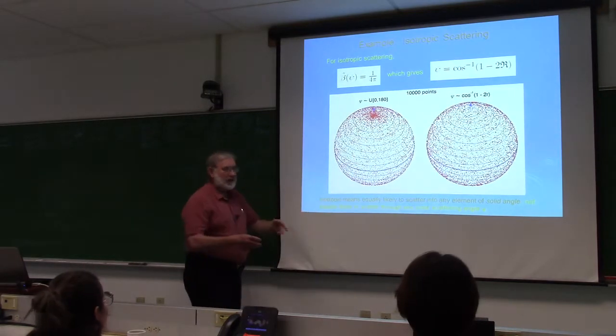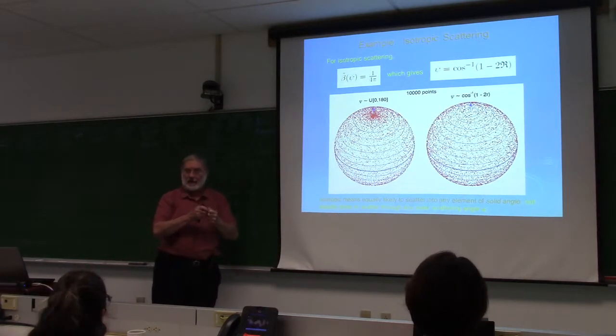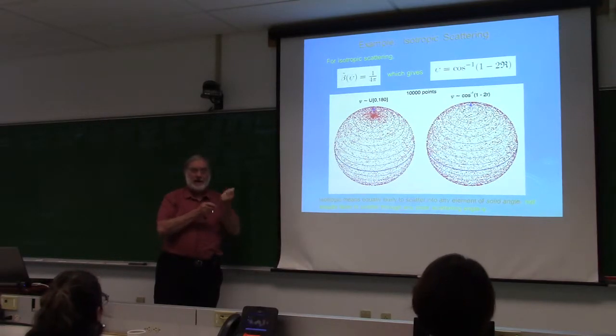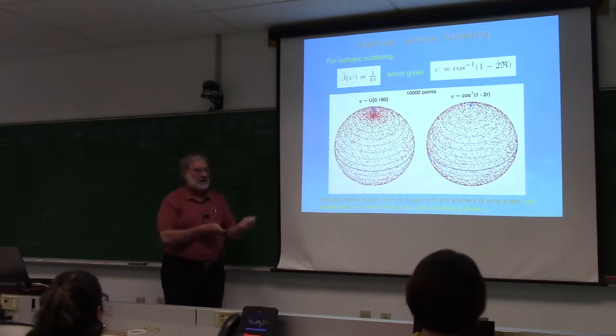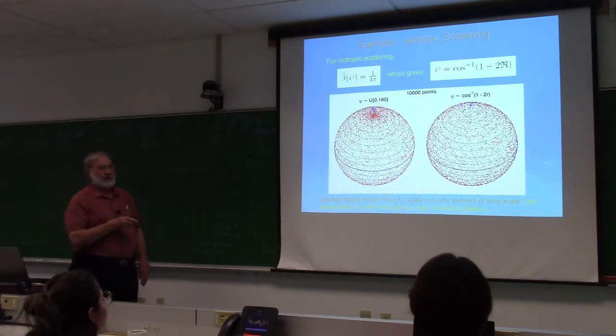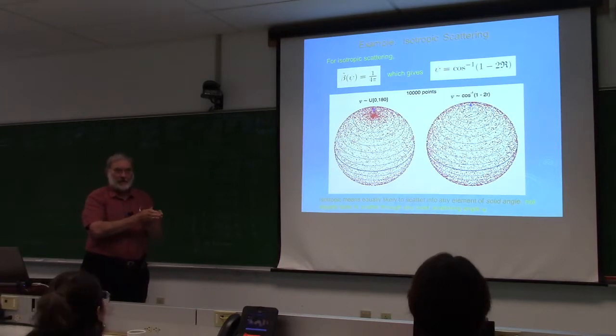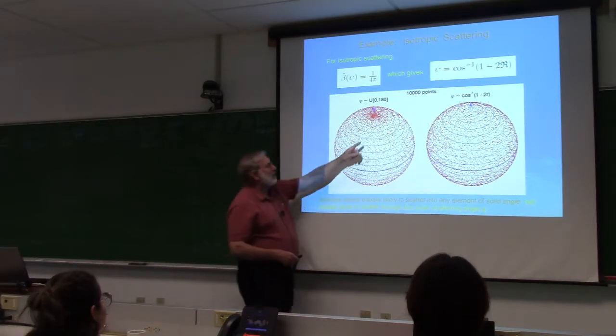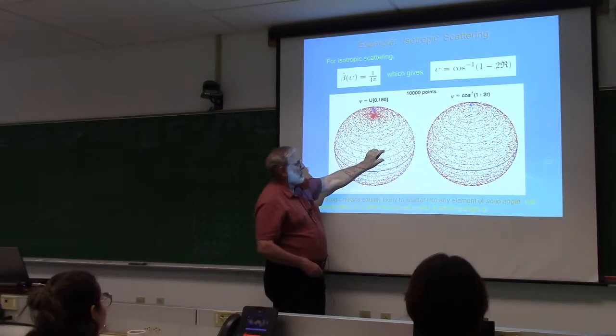So keep in mind that scattering is about going into a solid angle, not going into a particular direction like psi. So that's why you sometimes get these funny looking equations for the angle you're going to pick, but that angle is biased in a sense so that you get fewer at the North Pole and more towards the equator.